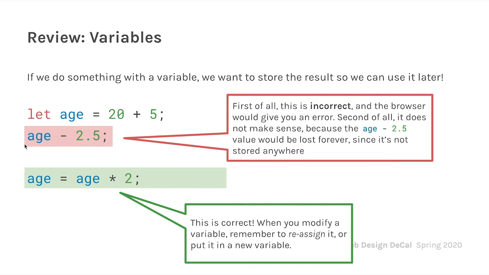We don't store the result of this calculation anywhere, so don't write code like this where you do something without saving it. The third line is the correct version, where when you modify a variable, remember to reassign it with this equal sign to save it in a variable, or you can put it in a new variable. So that's something to remember.